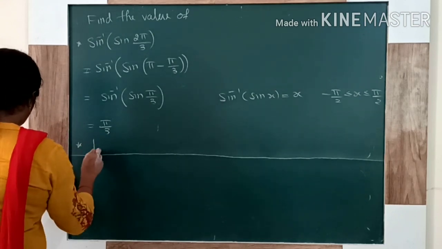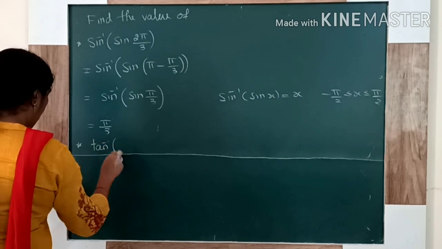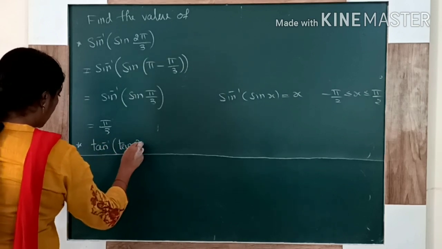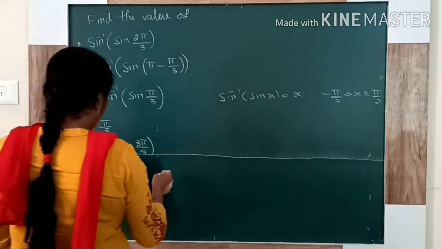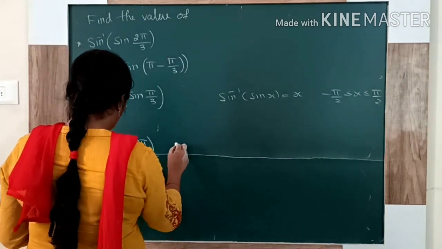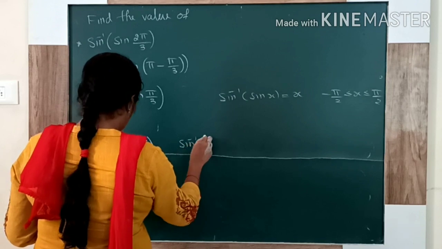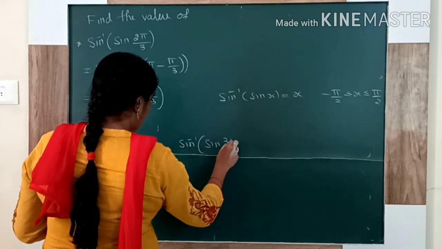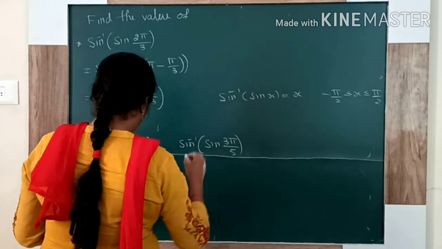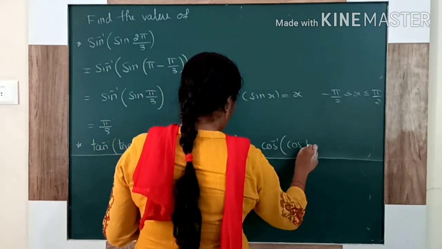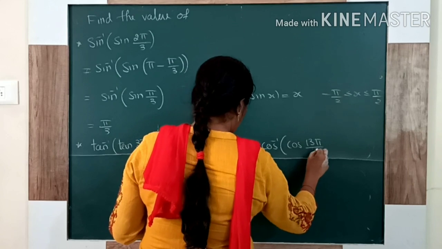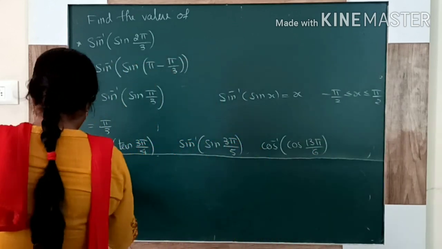Next one, tan inverse of tan 3 pi by 4. And here now I am giving you some examples as homework. Sin inverse of sin 3 pi by 5. Cos inverse of cos 13 pi by 6.